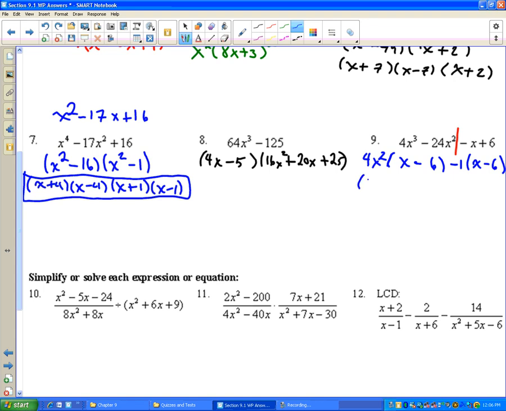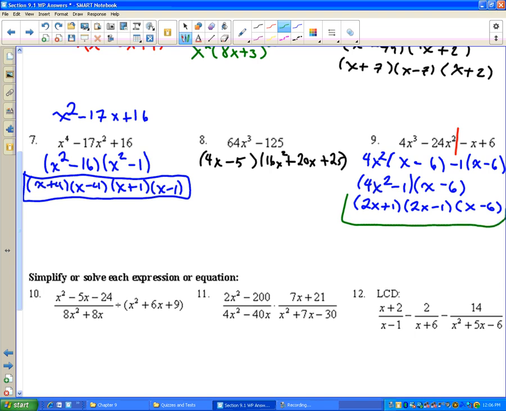So now my factors are 4x squared minus 1 times x minus 6, but this first factor is a difference of 2 squares. So this again is 2x plus 1 times 2x minus 1 times my last factor of x minus 6. That's fully factored. Okay.